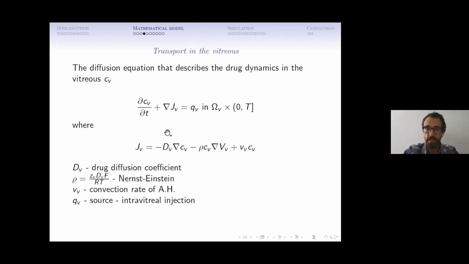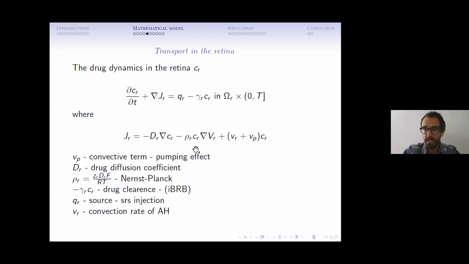For the retina, we have a similar equation, but we have two new terms. We have this new term, gamma R, that is responsible for the clearance, the phenomenon related with the blood retinal barrier, here on the side of the vitreous. And we also have a new term in the convective term, which is VP.